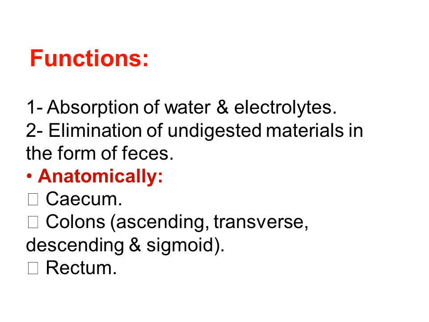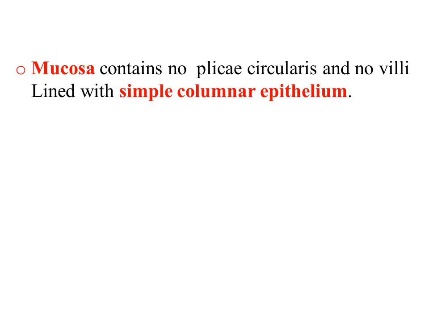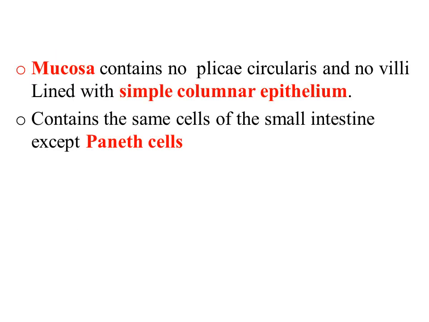Anatomically, it's the cecum, colons, ascending, descending, and transverse, sigmoid colon, and rectum. The mucosa of the large intestine contains no plica circularis and no villi. That's very important as a comparison between the small and large intestine.